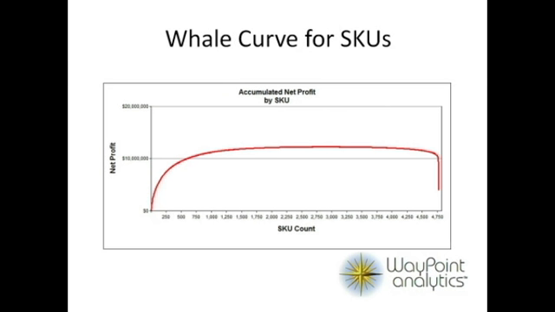And so when we look at a whale curve by SKUs, in this business, we can see they have a pretty broad section of their line, probably about 1,000, 1,200 products that generate reasonably good income for them, good profit levels for this business.